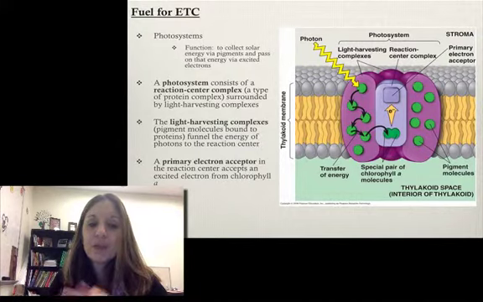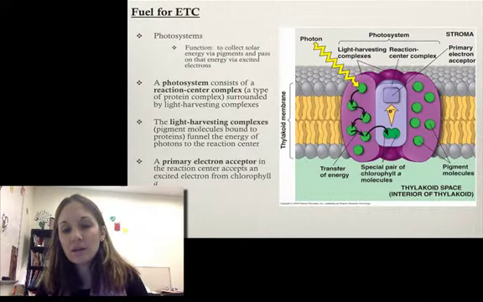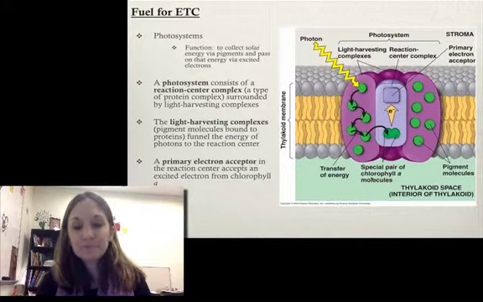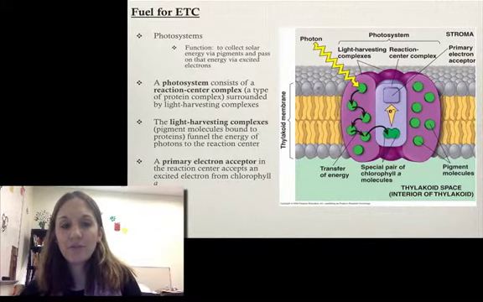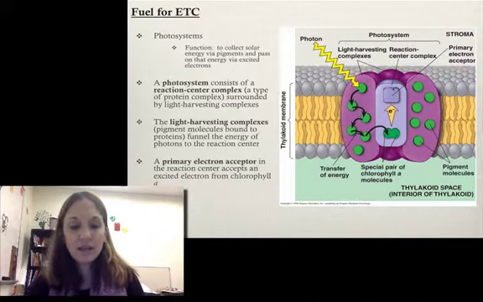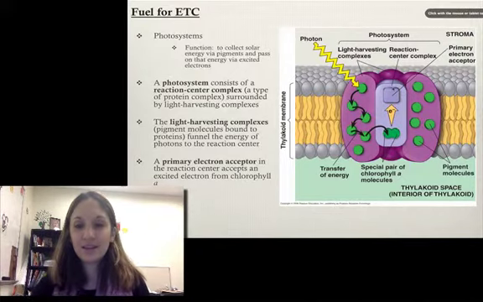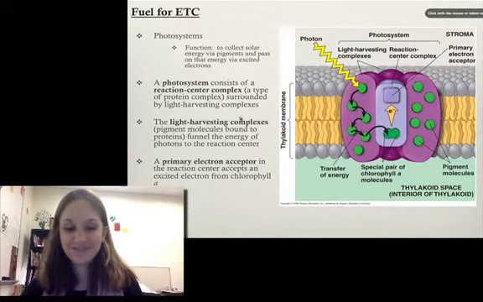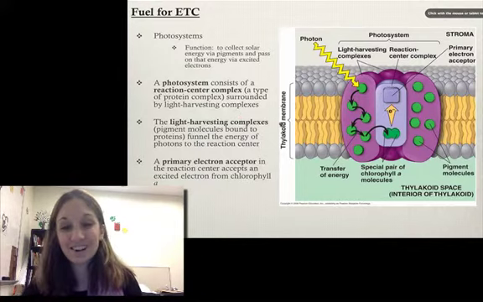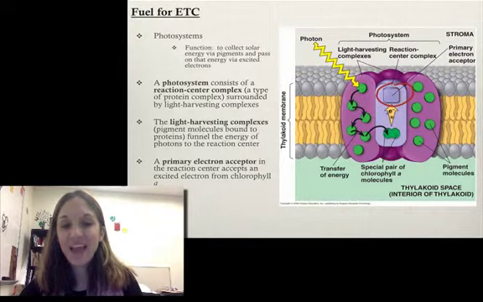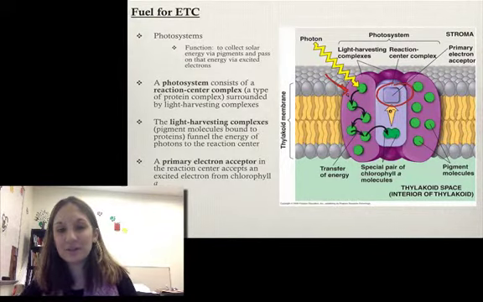So this photosystem as a whole, if you look closely at it, consists of a reaction center complex, which is right here, and these light harvesting complexes that are full of these pigment molecules.